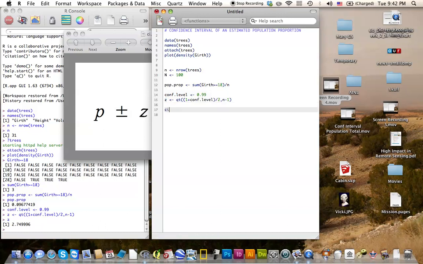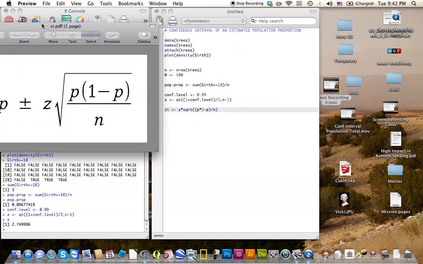So our CI, our confidence interval, is going to be equal to z times the square root of p times 1 minus p divided by n. Alright, is that the equation we've got there?